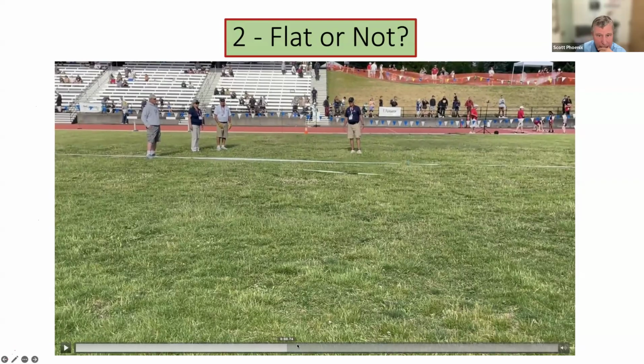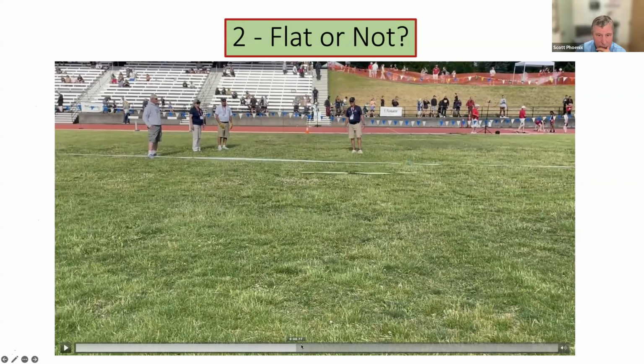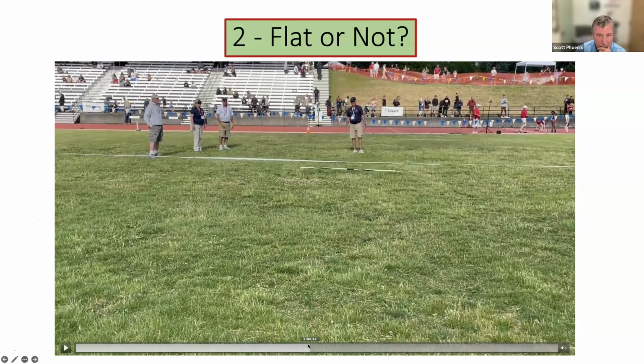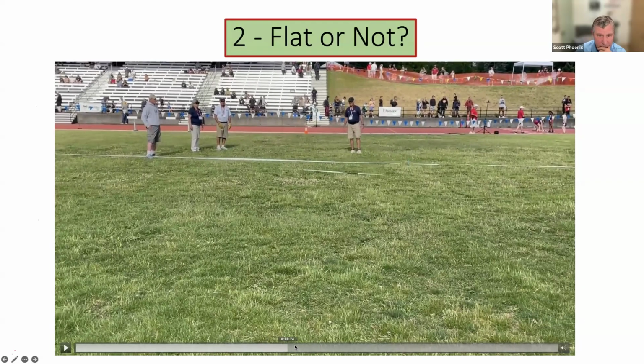It bounces straight up on the tail, and then the head quickly comes down. So there's the point of impact. All right, so the first one was not flat. This one is flat, or not flat, but it's not allowed.